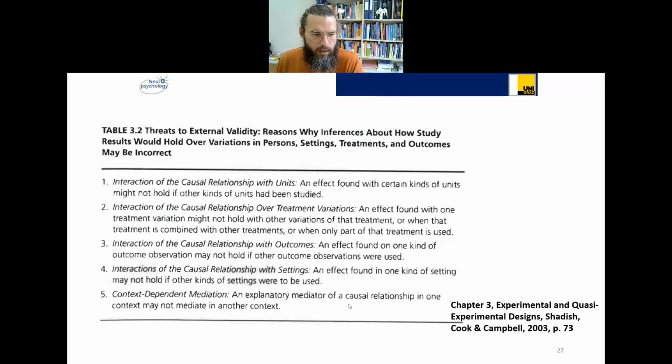Context-dependent mediation: explanatory mediation of a causal relationship in one context may not mediate in another context, for sure. A typical example: when you compare different countries, in many countries you have as good as no alcohol-drinking people.